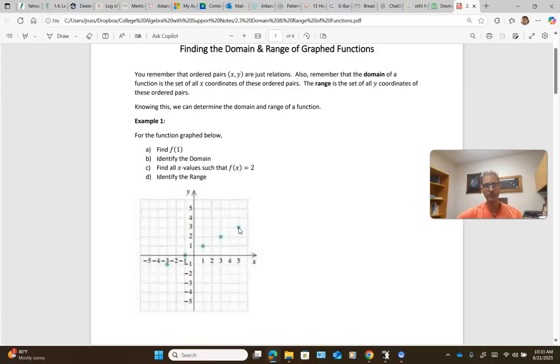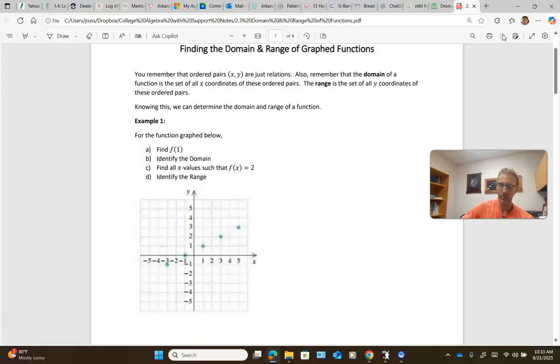Okay. But what we want to also get some practice with is determining the value of a function strictly by just looking at its graph. Now, we looked at evaluating the function when we knew what the function was.